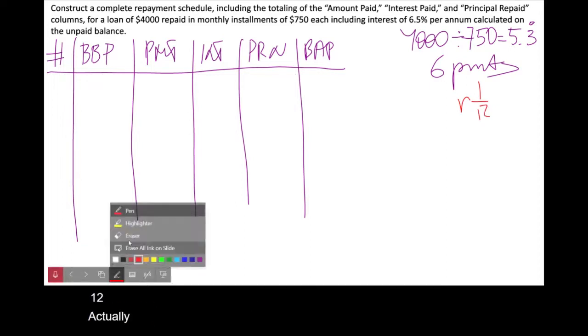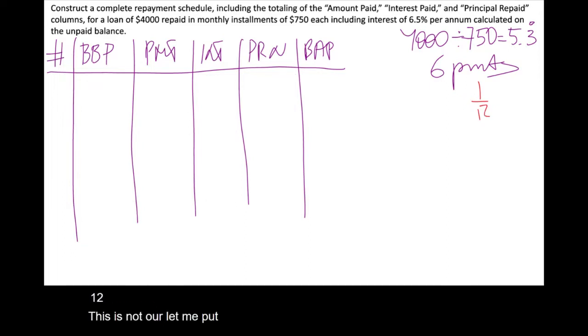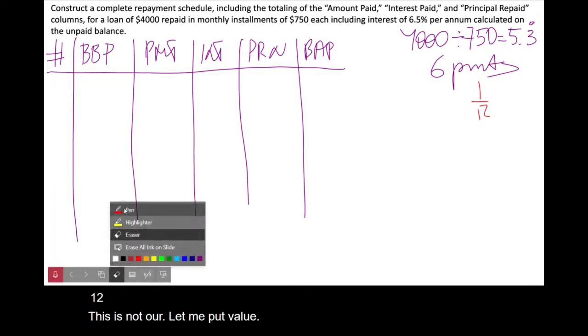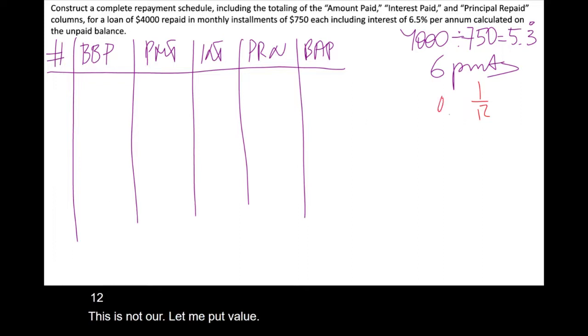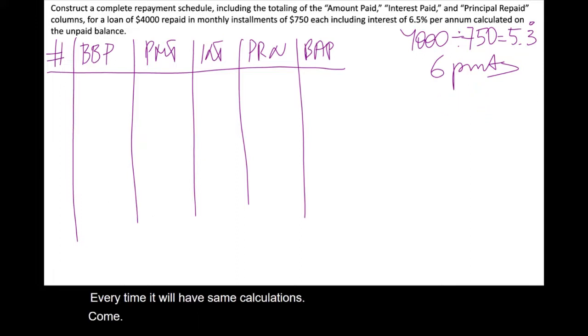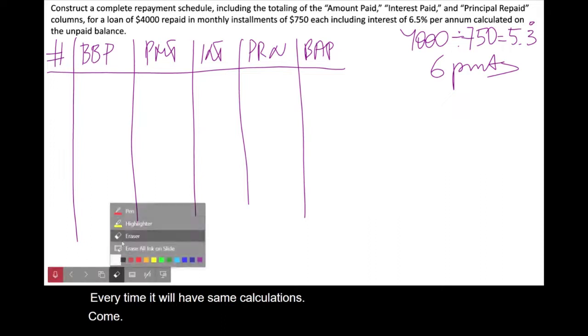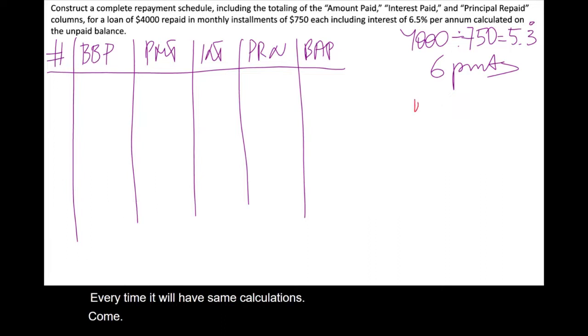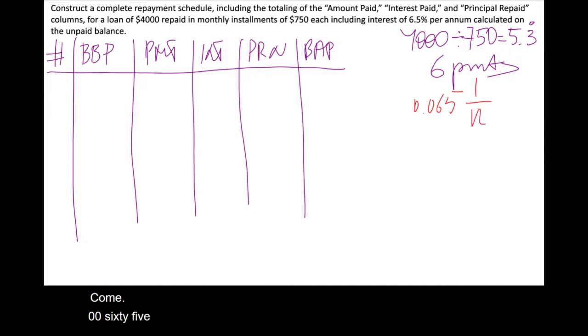Actually, it's not R, let me put the value. Every time we will have the same calculation, 0.065 times 1 over 12, right?